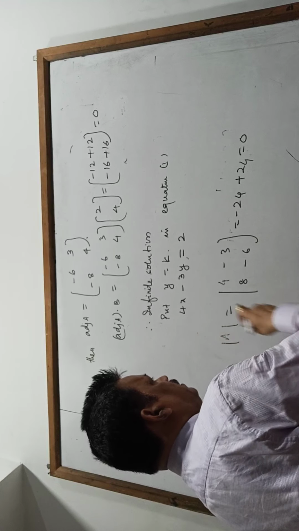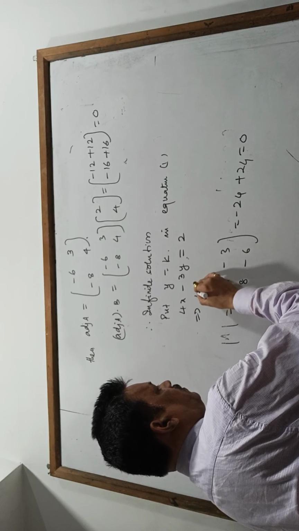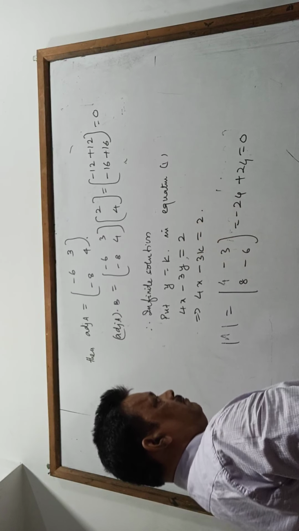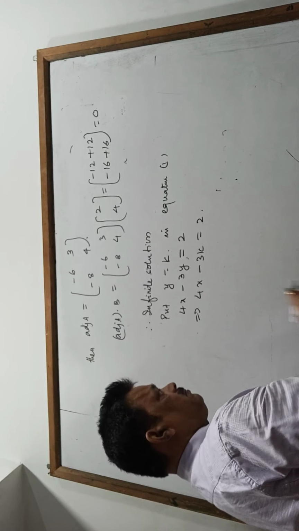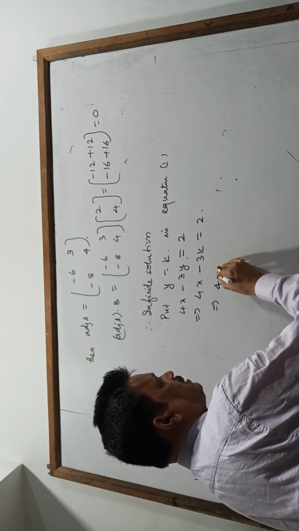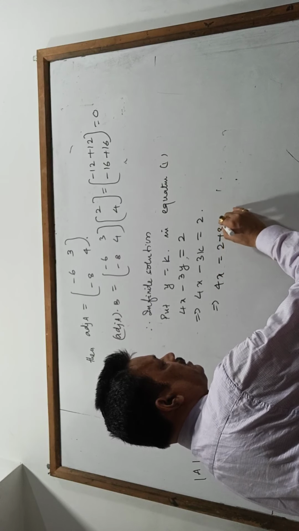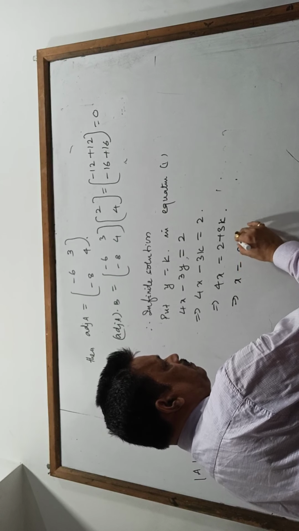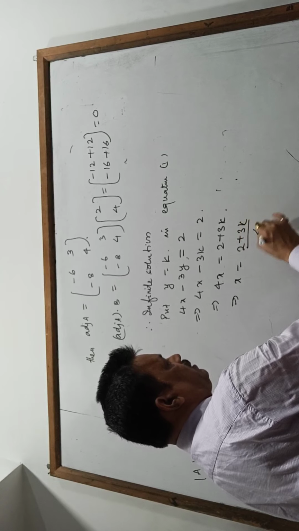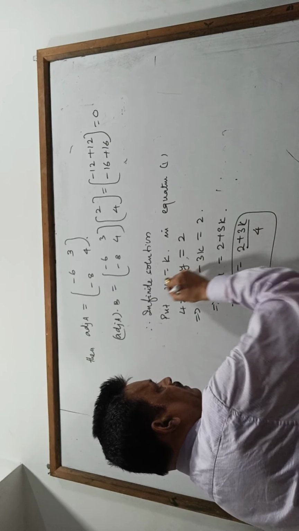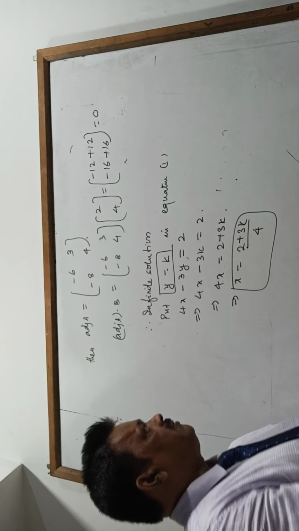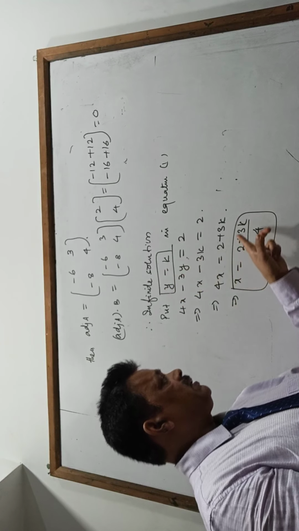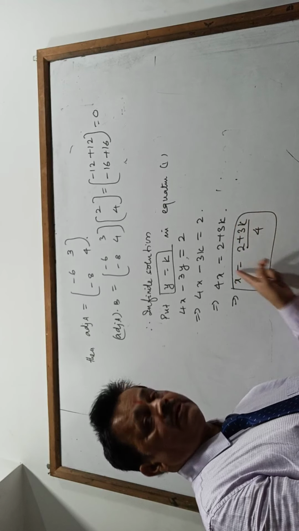Okay, that gives you 4x minus 3k equals 2, which implies 4x equals 2 plus 3k, which implies x equals (2 plus 3k) by 4. That means when you go on changing the value of k, you will get many solutions of y. Then the same k you put here, you will get many solutions of x.